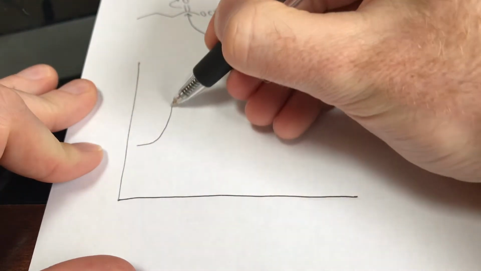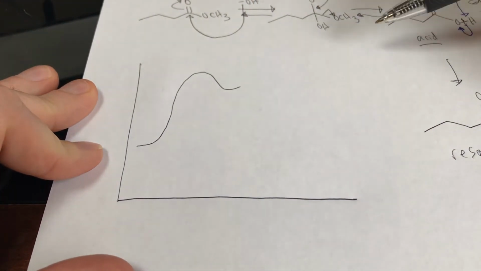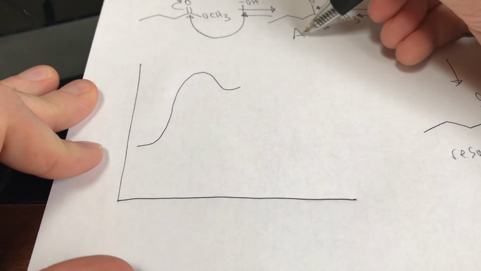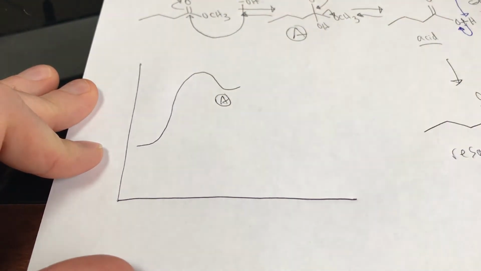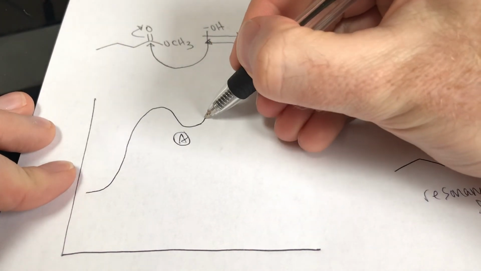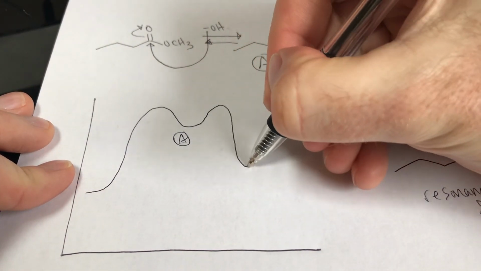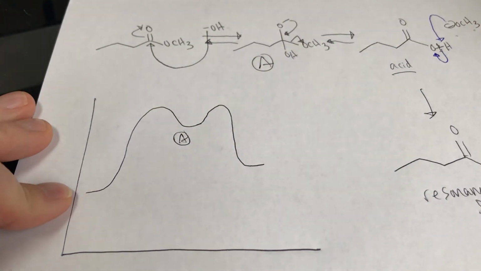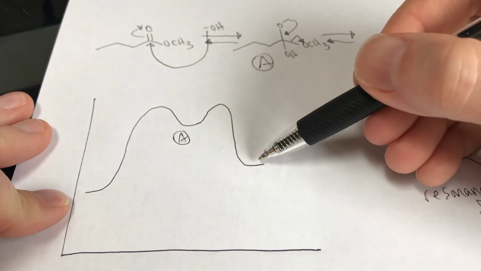So if we're imagining our diagram for this, as usual, we get to a high point in energy. That's going to be intermediate A here. B is actually a little bit less stable than where we started, so we're going uphill there.